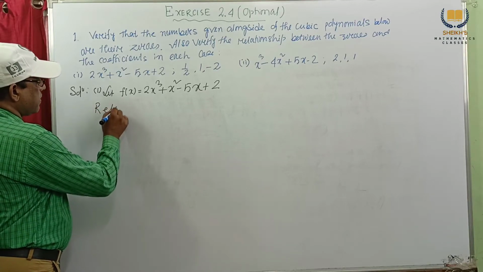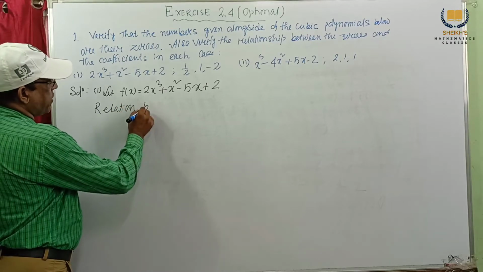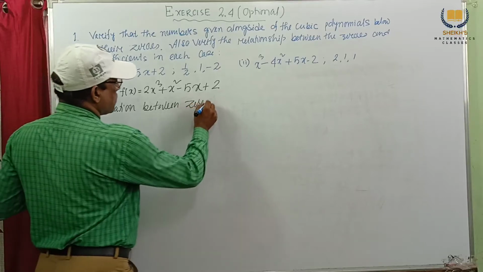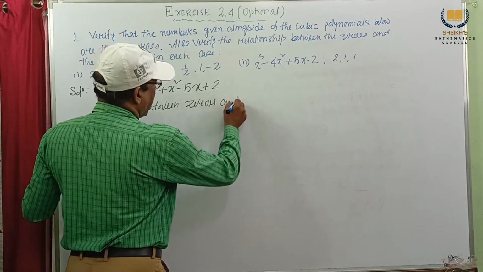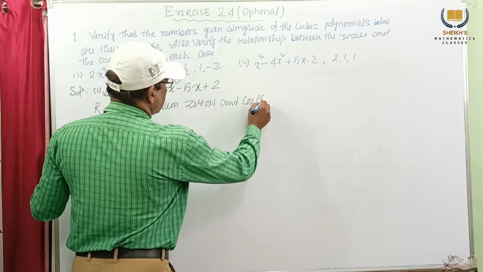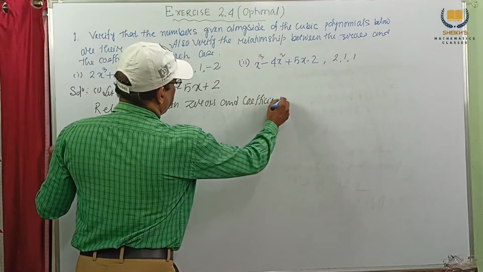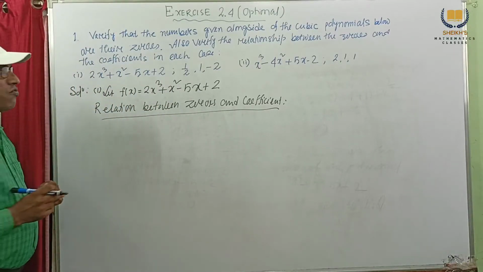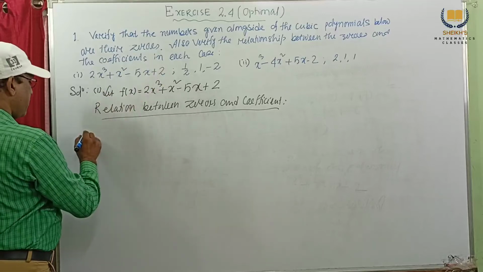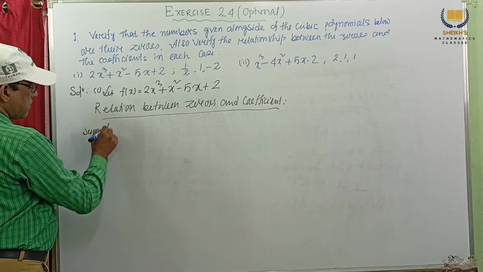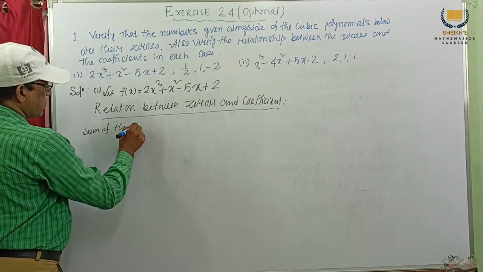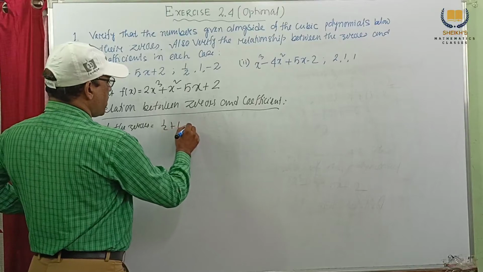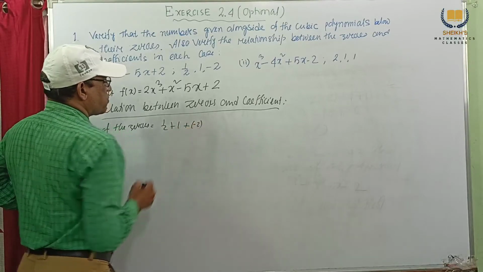Relation between zeros and coefficients. We want to verify the relation between zeros and coefficients. So first we take their sum. Sum of the zeros is equal to 1 by 2 plus 1 minus 2.